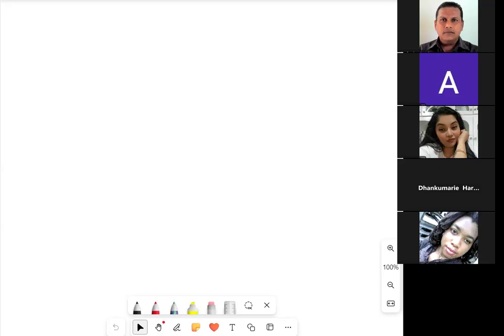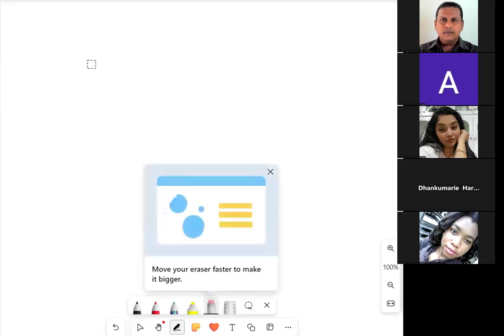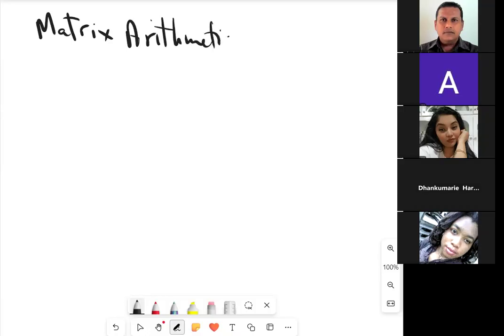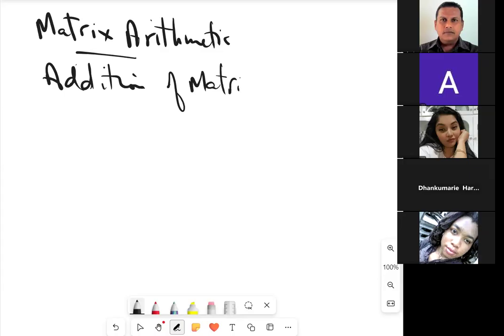So what are we going to do this evening? We're going to do a little bit of matrix arithmetic, which involves addition of matrices. We'll do some subtraction.